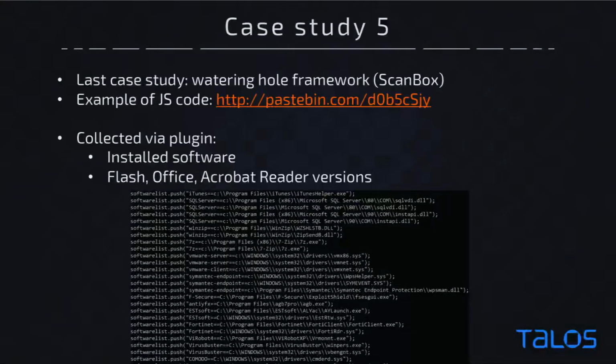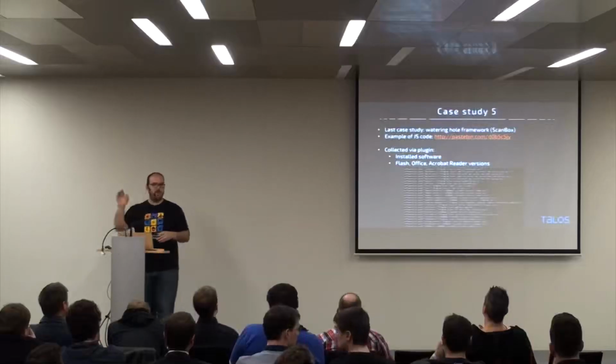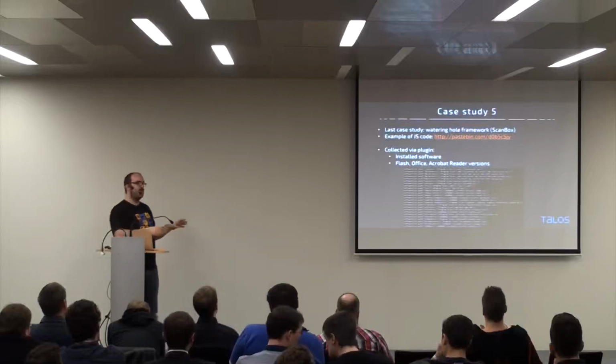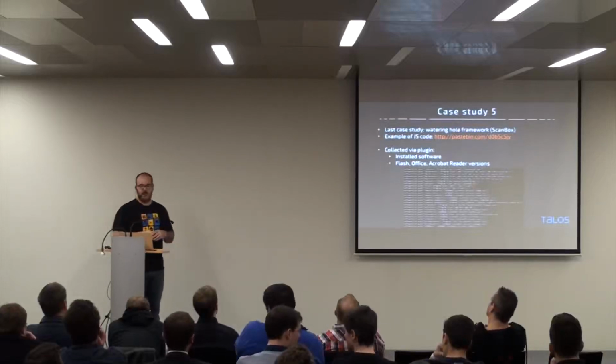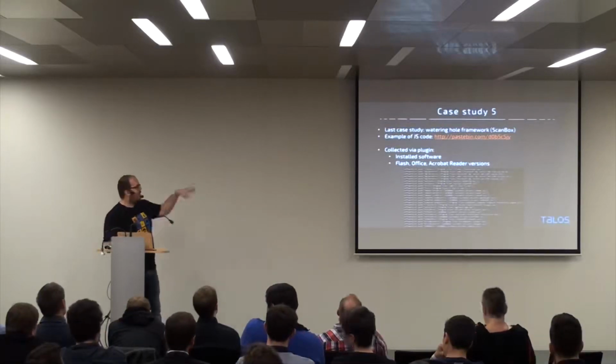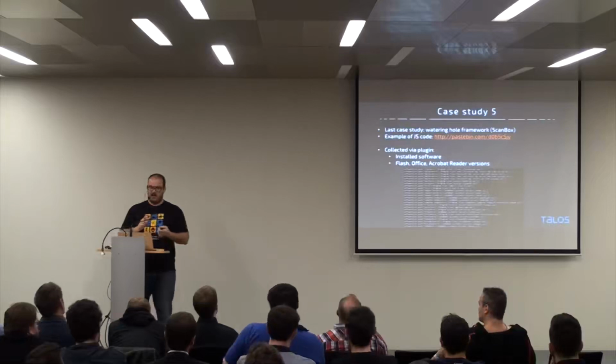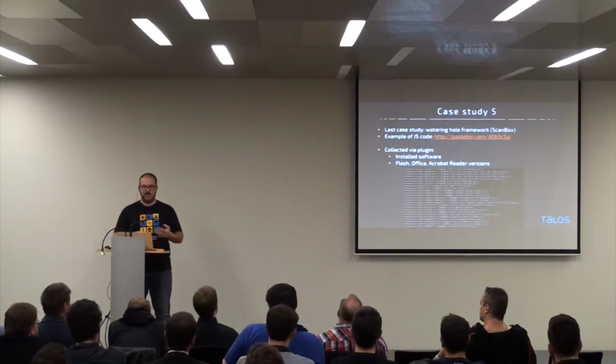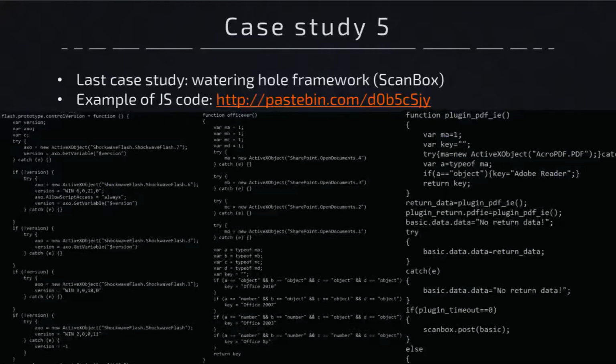So basically, you are able to collect every installed software on the targeted machine simply by going on the website. You push this JavaScript on the website, you send an email with a link, the guy clicks on the link, and when he's on the web page, the JavaScript is executed and all this information is collected. So installed software, Flash version, Office version, Acrobat Reader version, and a lot of different things.